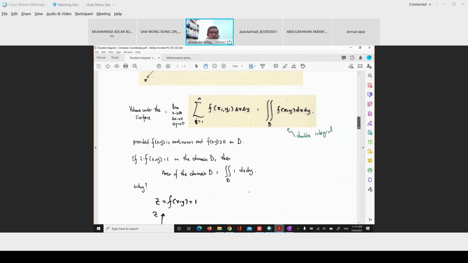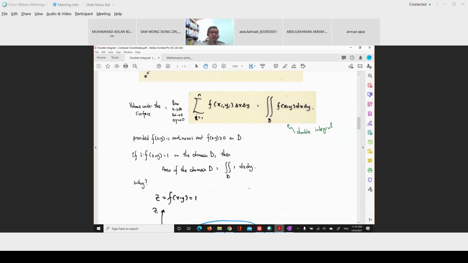As a special case, if z equal to f(x,y) equal to 1, a horizontal plane that passes through z equal to 1, then the area of the domain D is equal to the double integral of 1 dx dy.